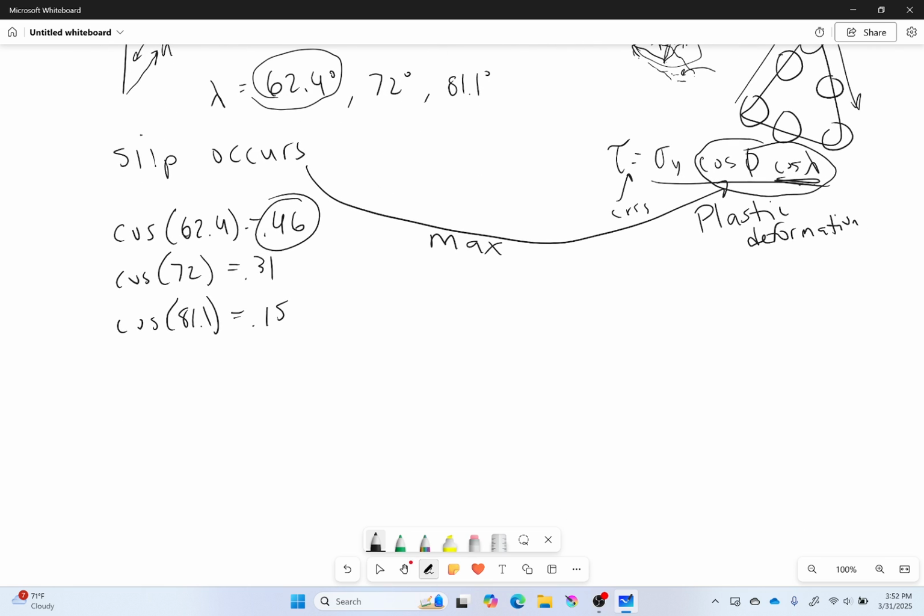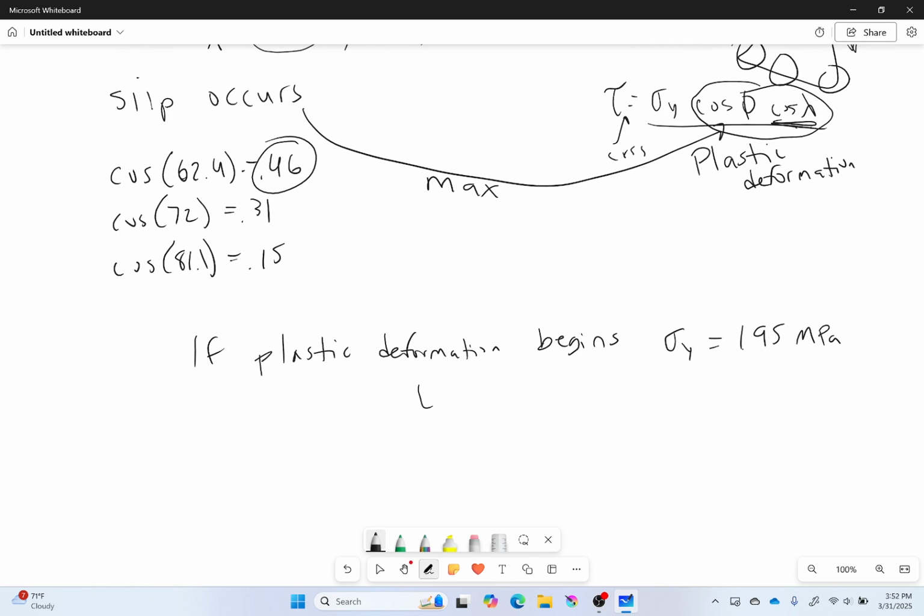The next question it asks is, if plastic deformation begins, that's when we finally shear, and this is going to happen at a tensile stress of 1.95 megapascals, what is my critical resolved shear stress? This is a super easy problem because we already have all the values we need.